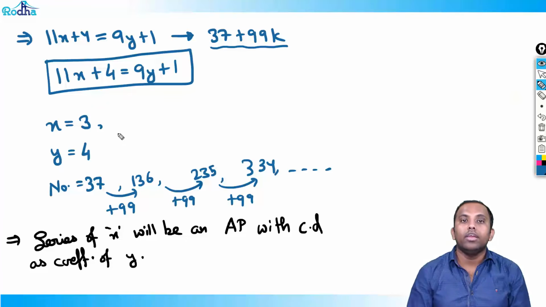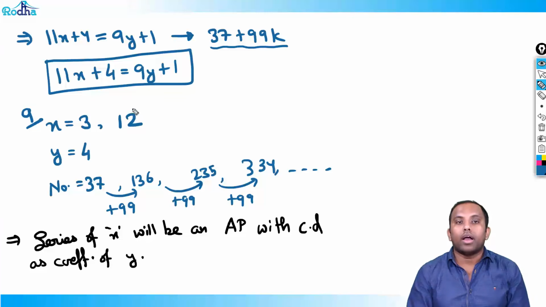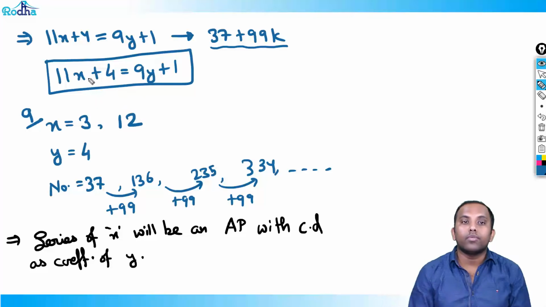After x equal to 3, the next number satisfying our condition, that means by putting x as some integral value, I should get y also as an integral value, right? That will be x will form an AP with common difference of coefficient of y, that is 9. So x will increase with 9. That means after 3, 12 is the number which if I put here will get y as an integer, right? You can check here between 3 to 12 we won't get any number.